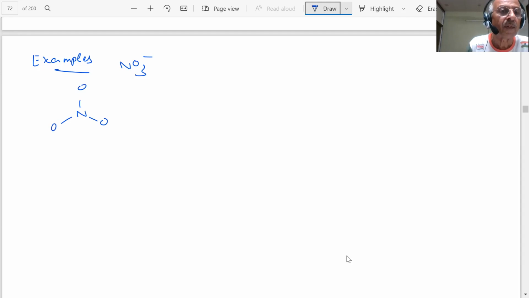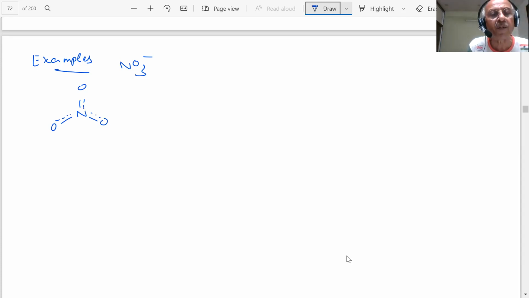You can see. And what we are representing here like this means that the 2 pi electrons are not present on one nitrogen-oxygen bond, but they are delocalized in the nitrate ion.